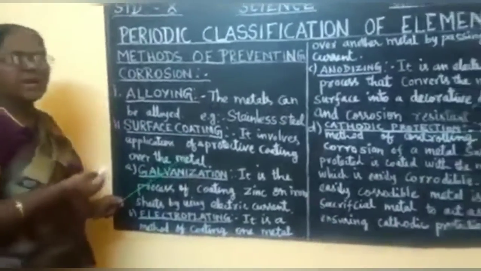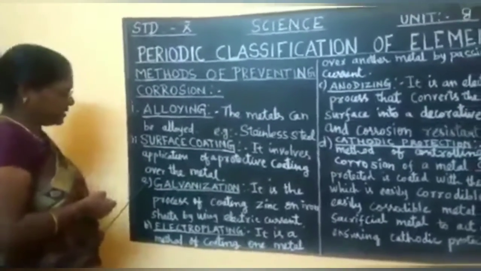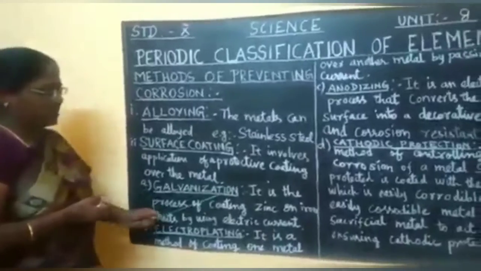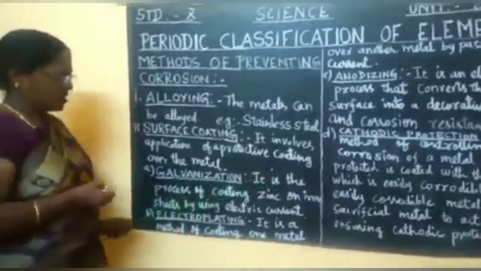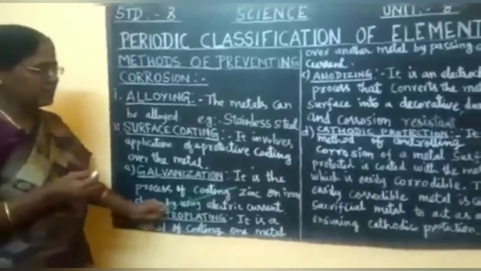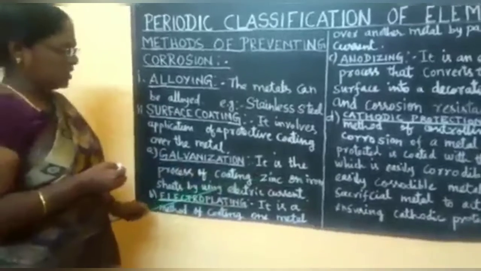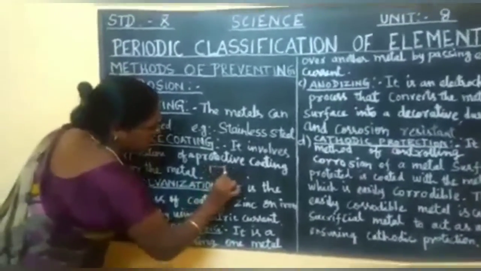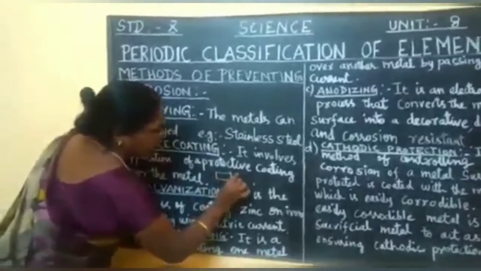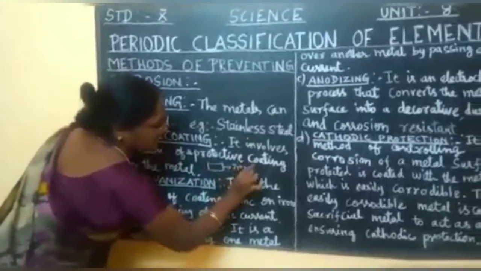So here we are having different types. First type we'll see is galvanization. It is the process of coating zinc on iron sheet by using electric current. You can just consider this as an iron sheet.